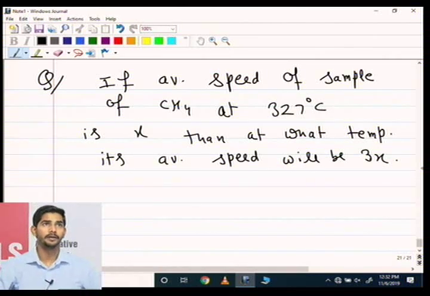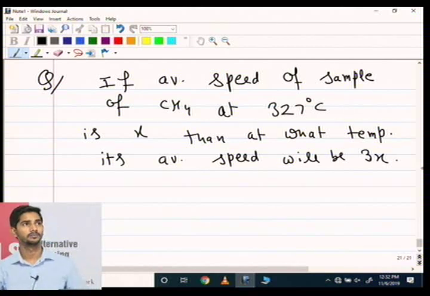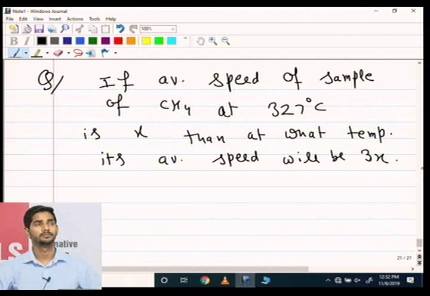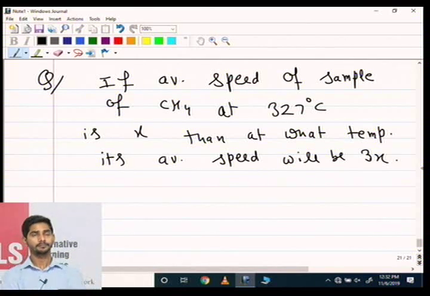Balajit, Paul, Annie, guys, just look at your solution again after substituting this value. Okay, Itanagar.